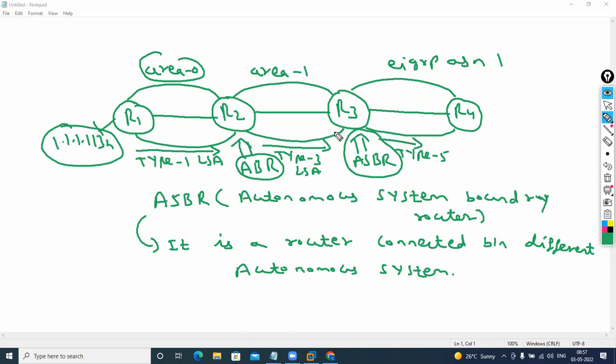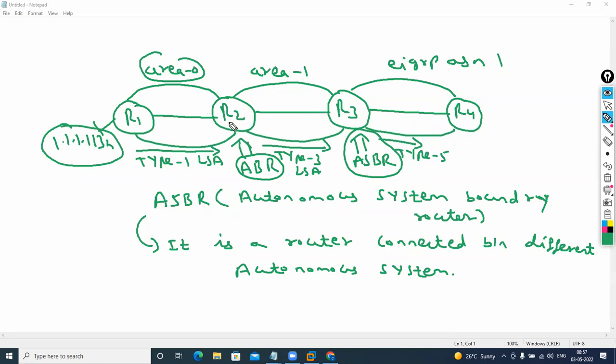One more question I wanted to ask you. Do we have a DR BDR election here? I'm talking about R1, R2, and R3. What do you think? No, I'm talking about R1, R2, and R3.